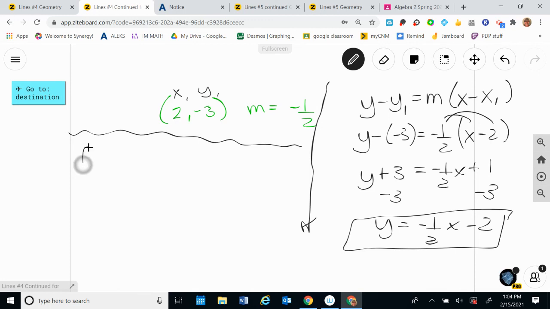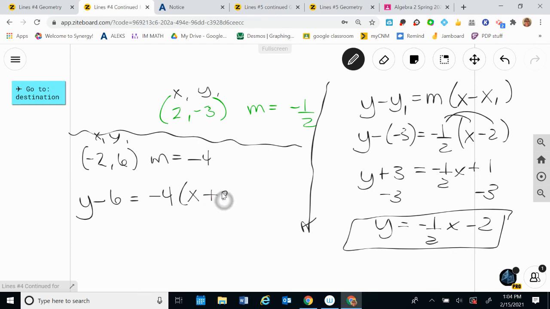I'll do another one just in case. Let's do -2, 6, and the slope is equal to -4, okay? So you go y minus 6 equals -4 times x plus 2. Do you see?